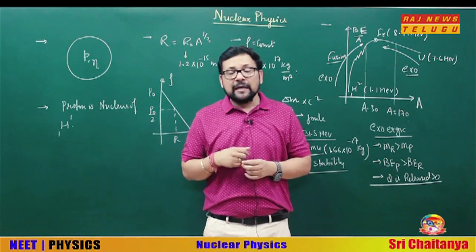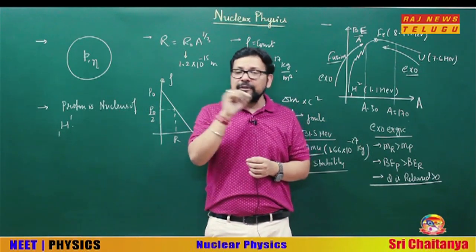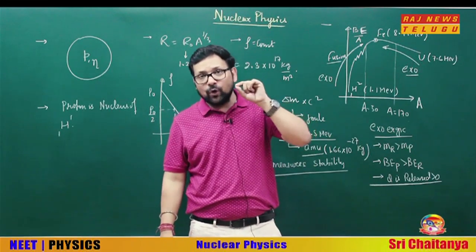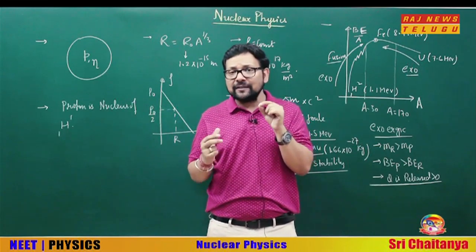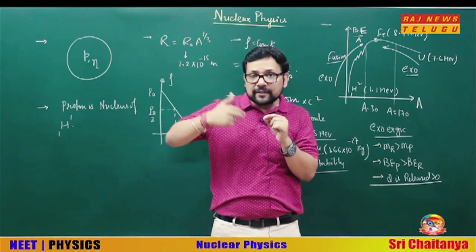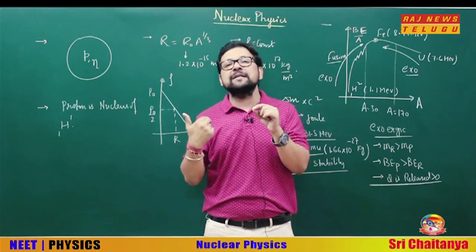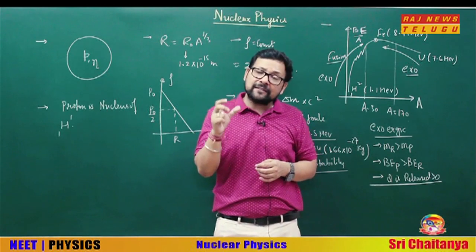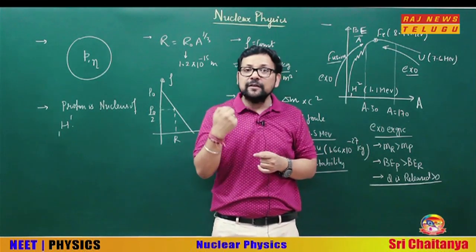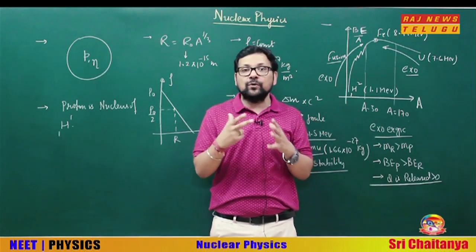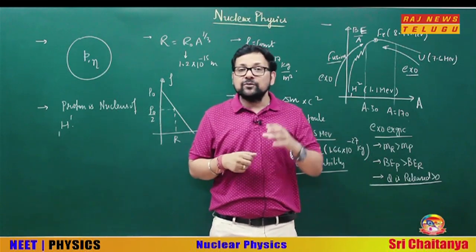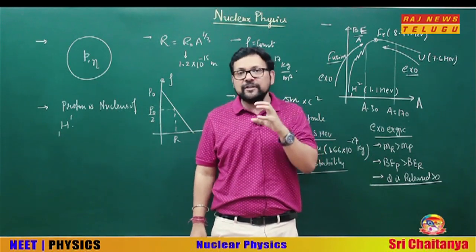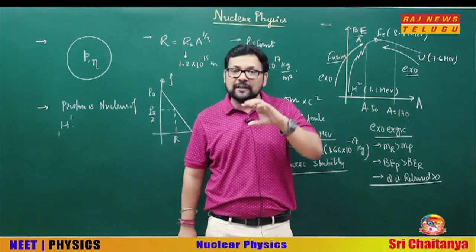Inside a nucleus, one nucleon is not being attracted, not being exerted force by all the nucleons present in that nucleus. Only some nucleons that lie in a particular range apply force. So this is a very short range force. Nuclear forces are applicable over a short range.